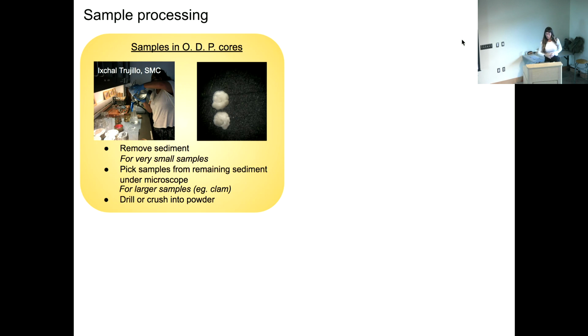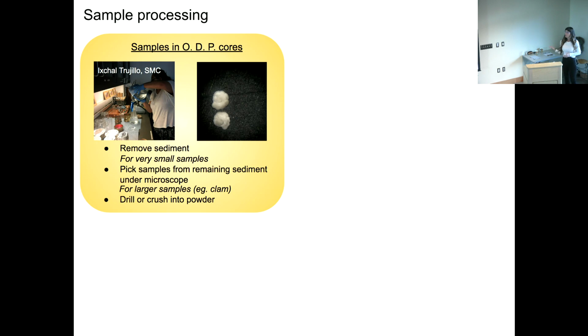And then once you've collected your sample, depending on its size, there are different ways that it needs to be processed. So this was a student from Santa Monica Community College that I worked with. Her name's Ishal Trujillo, and she's removing the sediment from our samples from a core. It's surrounded by a lot of sand and sediment, and you want to remove as much of that as you can.